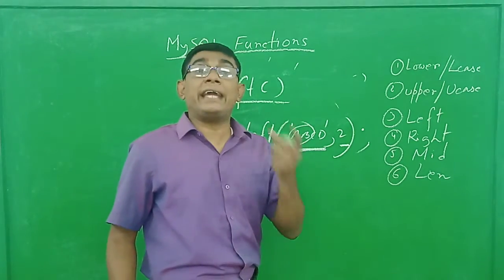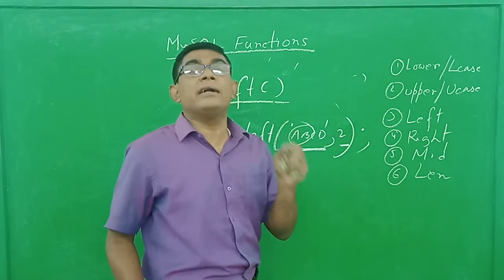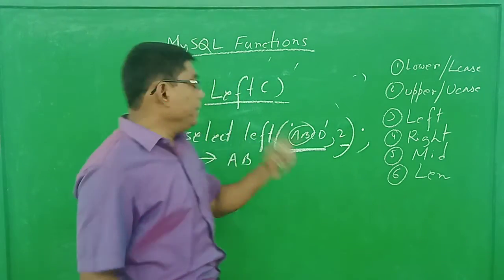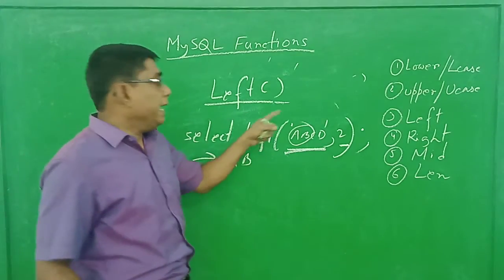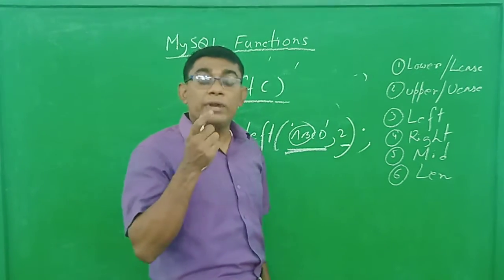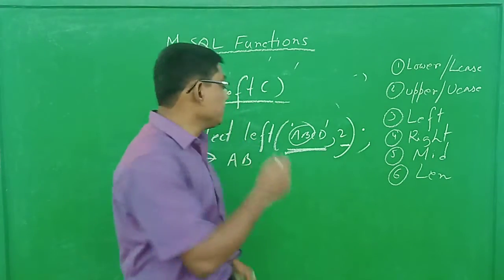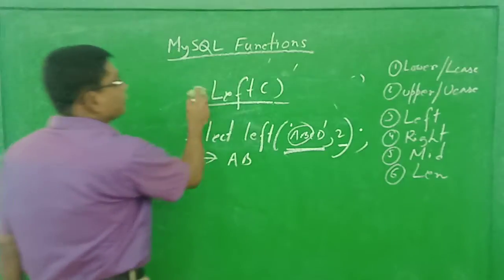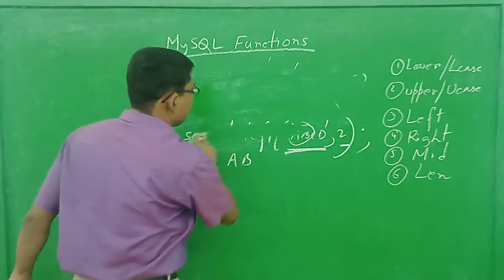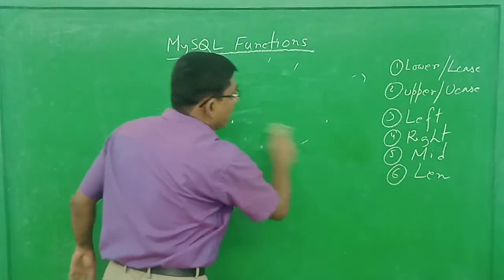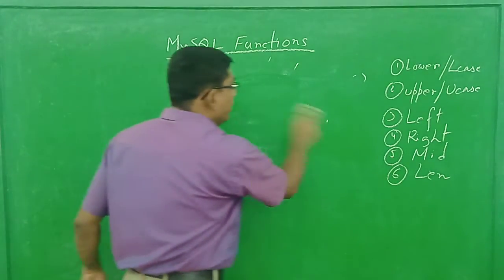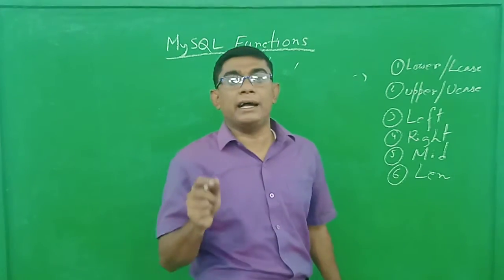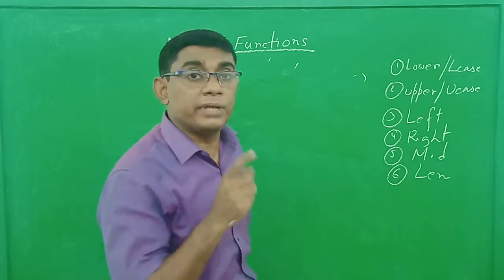Understood what the left function is? It will extract characters from the left hand side of the string. If you write SELECT LEFT 'ABCD', 2, then it will extract 2 characters from the left hand side of the string. The next one is the right function. Same way, it will extract characters from the right hand side of the string.